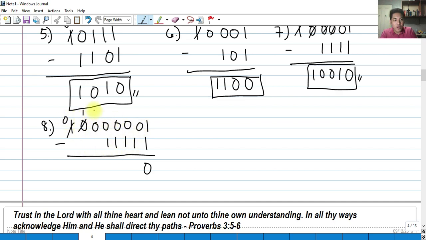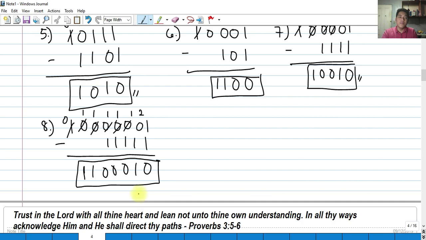Simply, this would become 1, 1, 1, 1, 1 again, because this needs to borrow some 1. So we have 2 minus 1, that will be 1. 1 minus 1 is 0. 1 minus 1 is 0. 1 minus 1 is 0. So our answer is 1, 1, 0, 0, 0, 1, 0. So this is our answer for this problem.